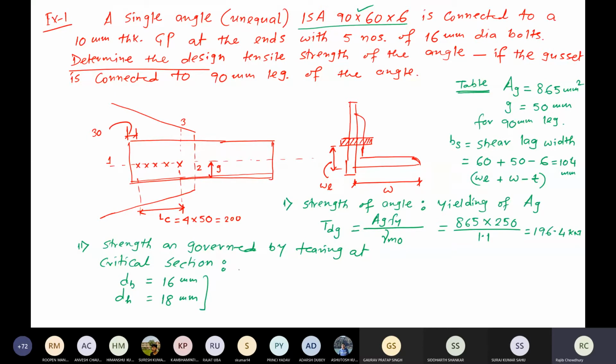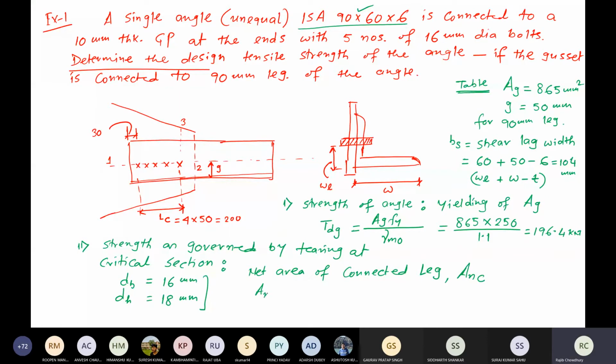So we have to define the net area of the connected leg first. Okay, so how do we define the net area of the connected leg? Anc, where c stands for connected.